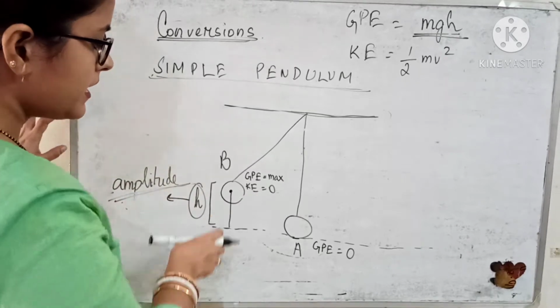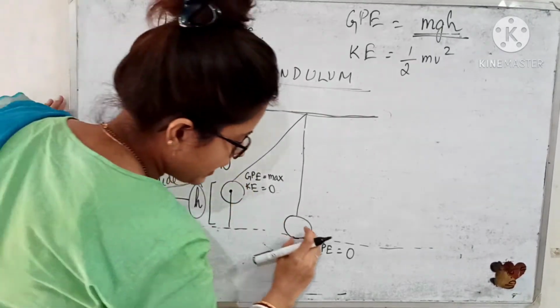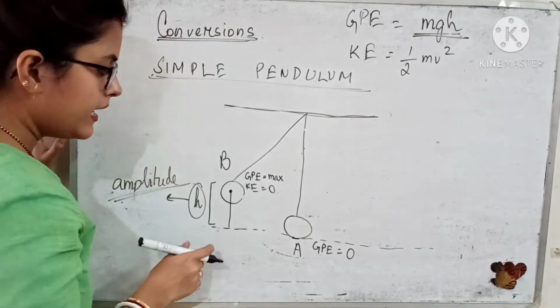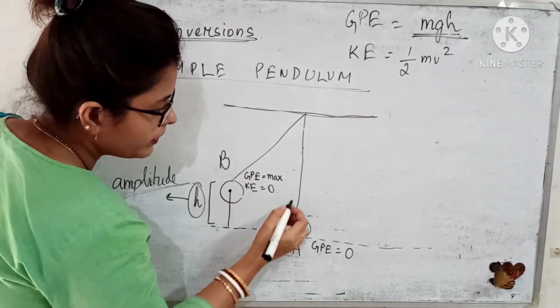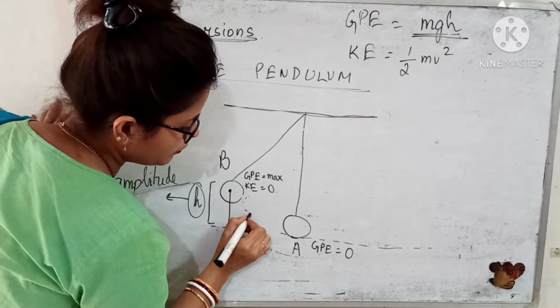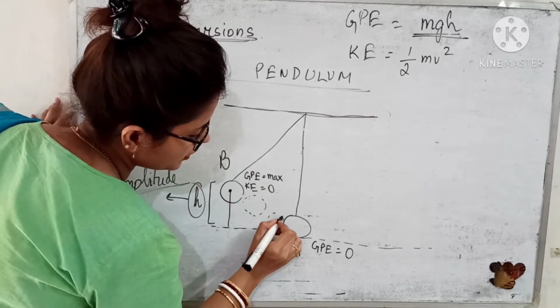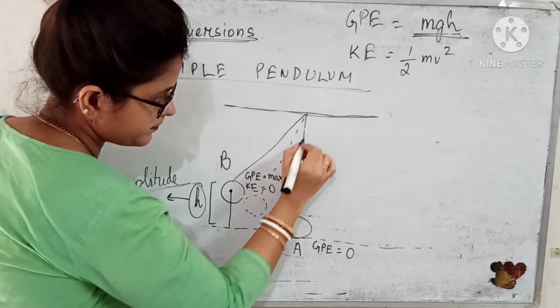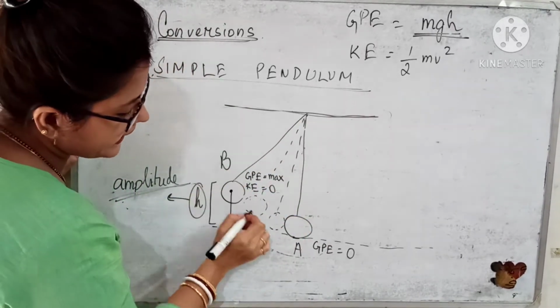What happens? The bob starts moving down, showing a gain in speed. That means the bob will try to move from here to here and ultimately to here, showing a gain in speed.